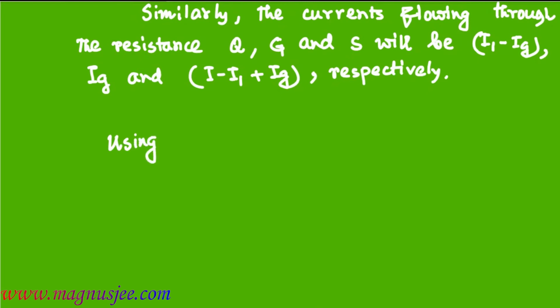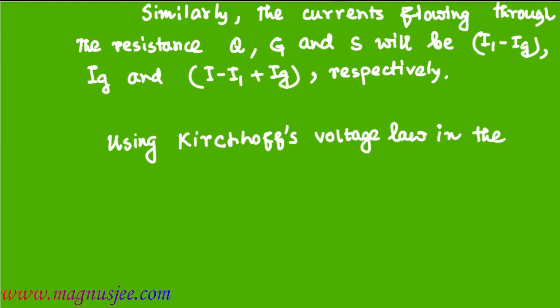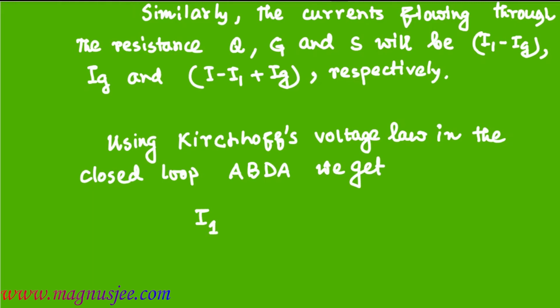Using Kirchhoff's voltage law in the closed loop ABDA, we get I1 into P plus Ig into G minus I minus I1 into R equals 0.